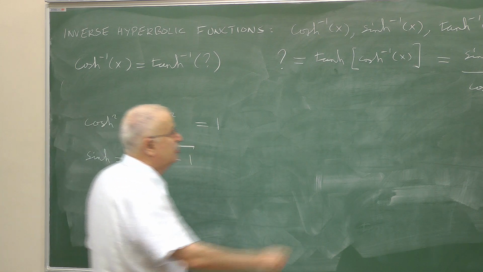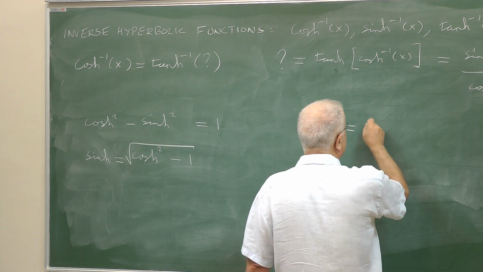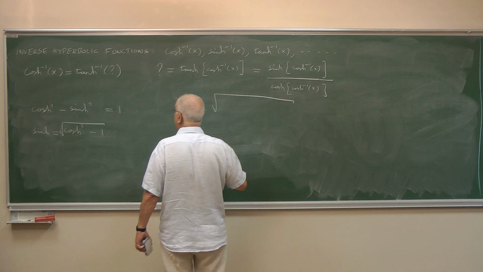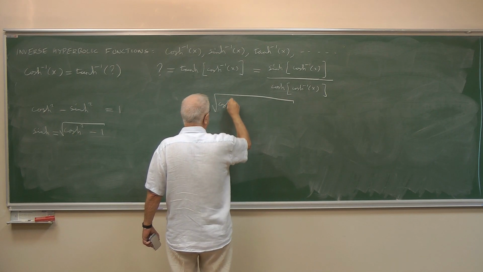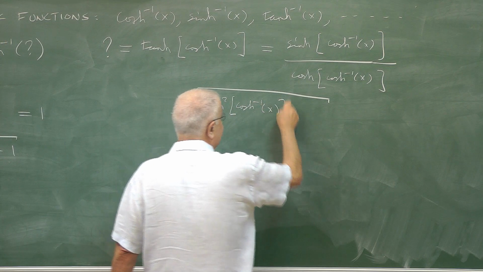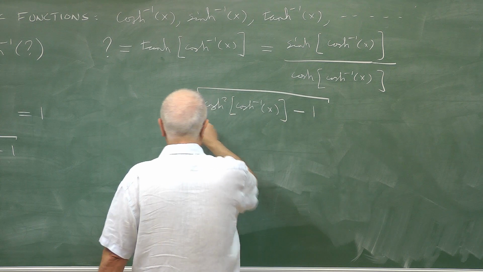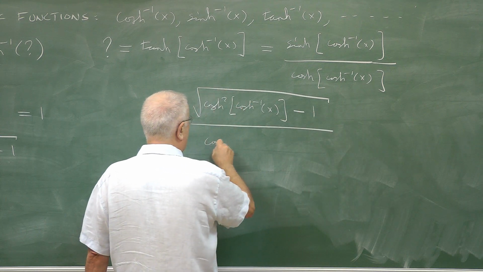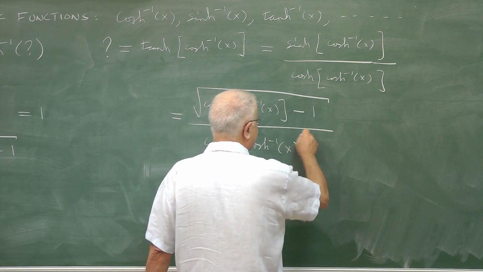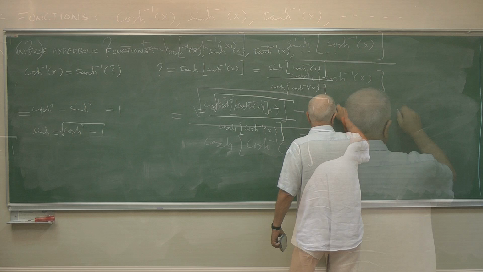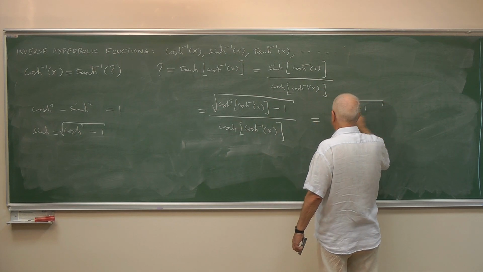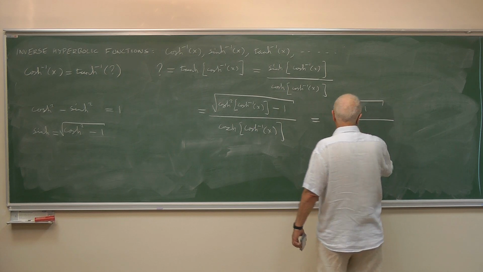So I'll go, instead of sinh, a big square root of cosh square of cosh inverse x minus 1 divided by cosh of cosh inverse x. Well, this is a big square root of x square minus 1 divided by x.